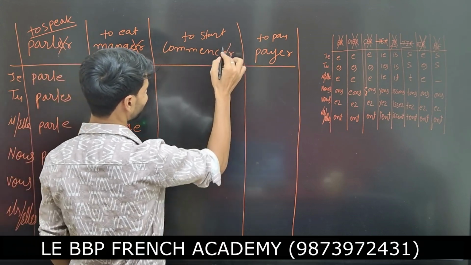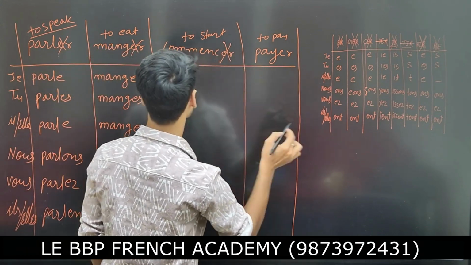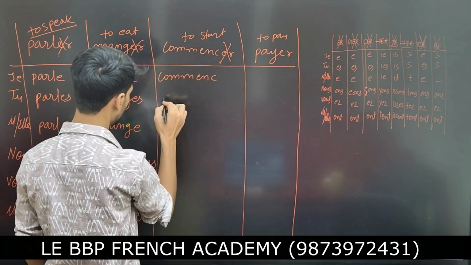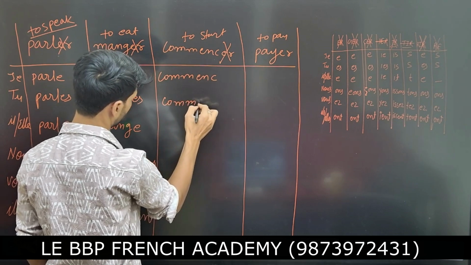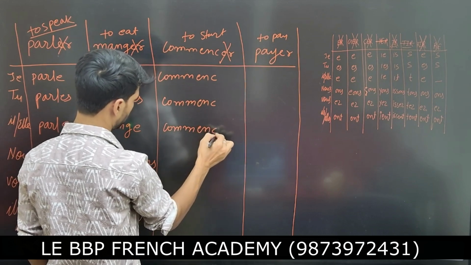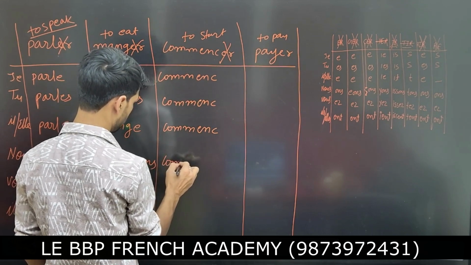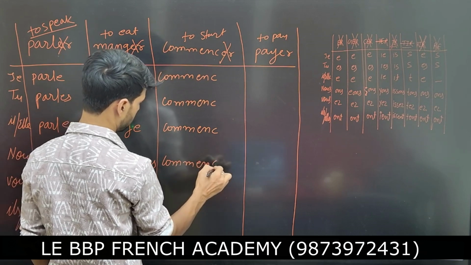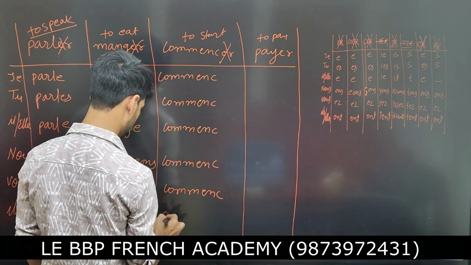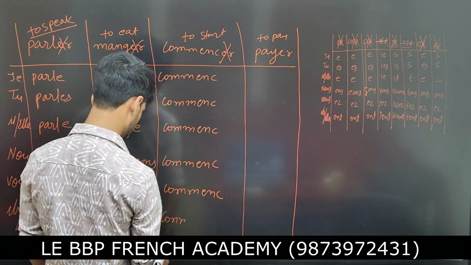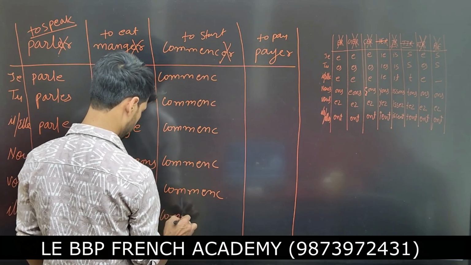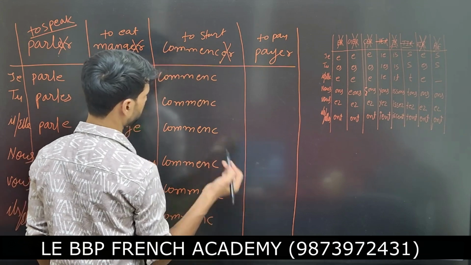And commencer is a cer ending, so cut only the er and write commenc for all. And what is the ending?